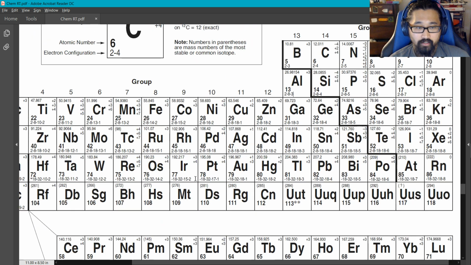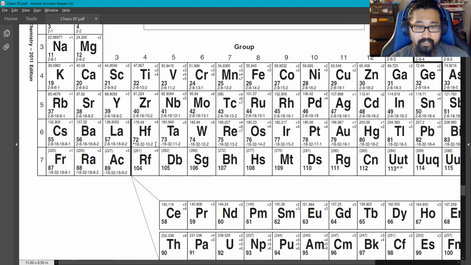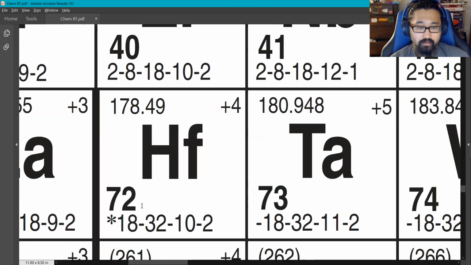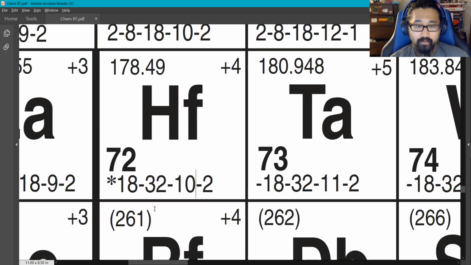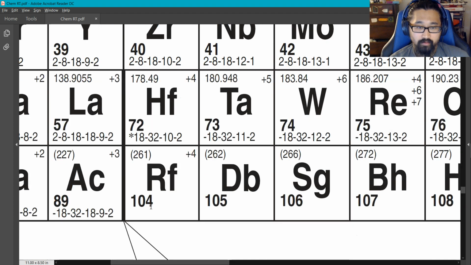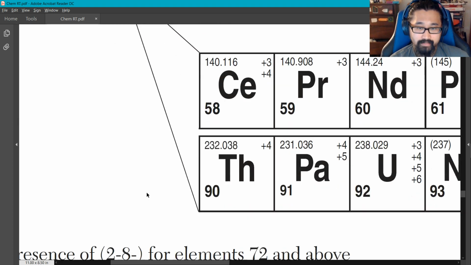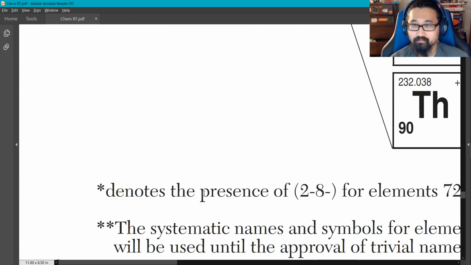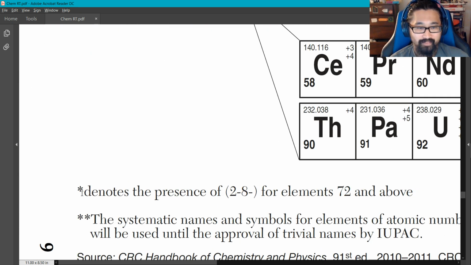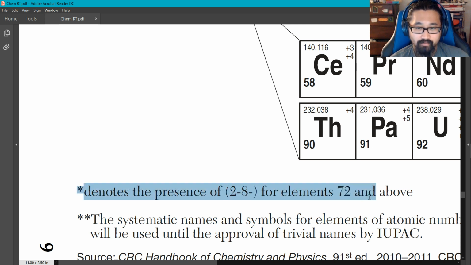One thing to take note of, right here at number 72, there is an asterisk, and it looks like there are only 4 numbers. However, this asterisk is very important. It leads us to a small note. That asterisk says the presence of 2-8 for all elements number 72 and above.